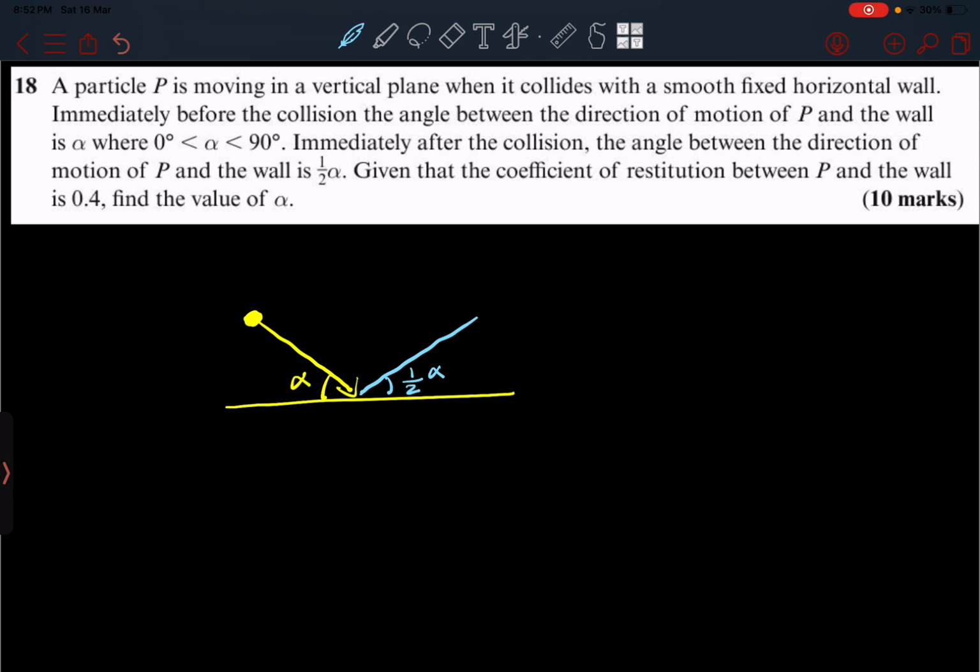So because I know both these angles, I would go back to the formula that connects both of them. Tan beta is equal to E times tan alpha. So I can say tan of half alpha is equal to my E, which is 0.4, times tan of alpha.